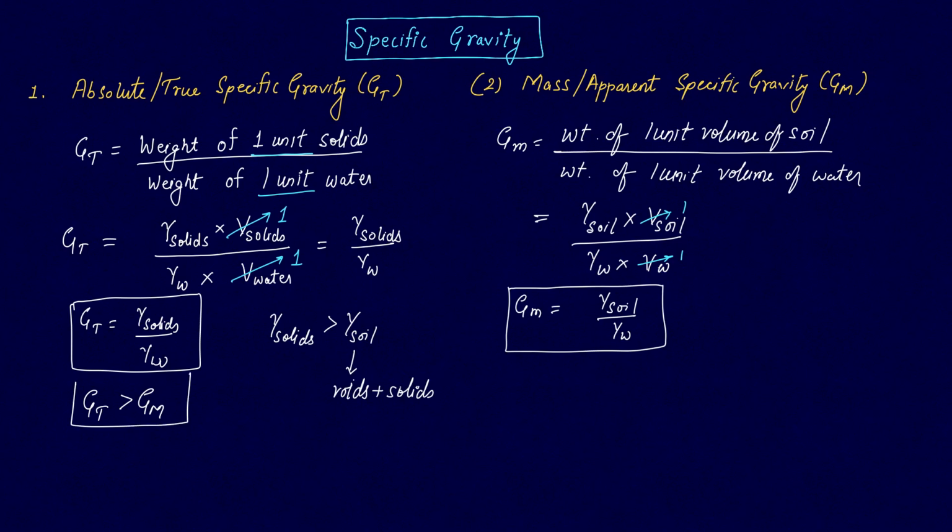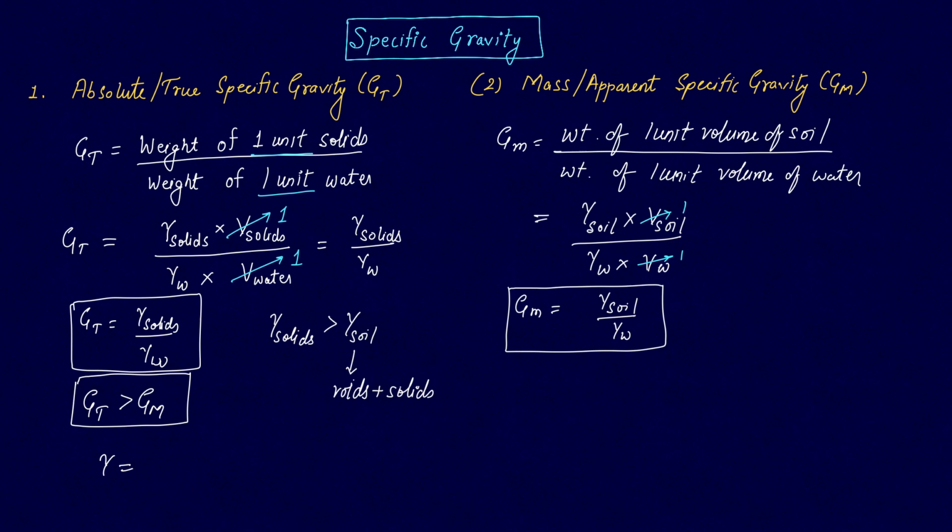If you know the formula of gamma that we are going to derive in the upcoming lectures, fine, but if you have not read that formula till now, please bear with me.